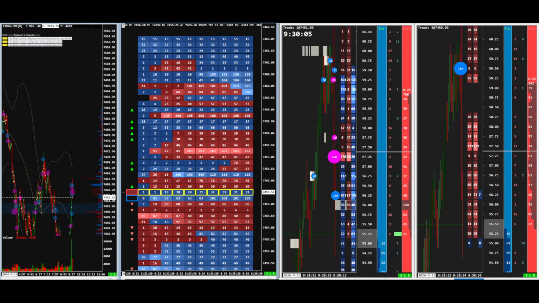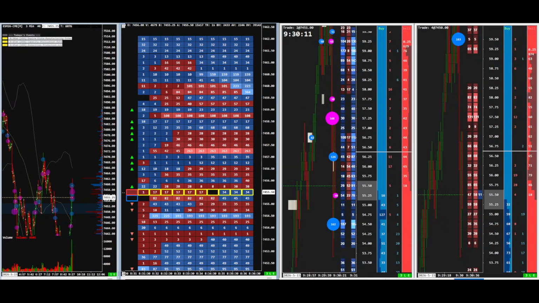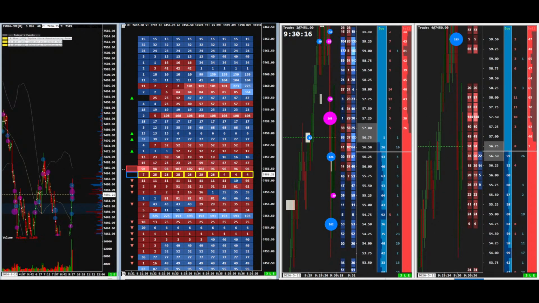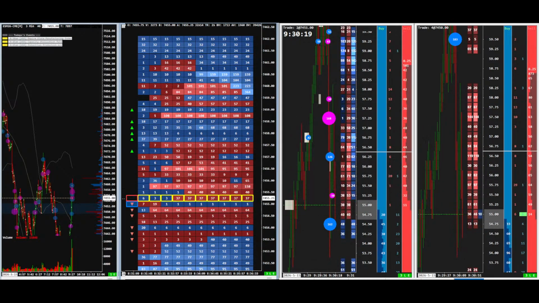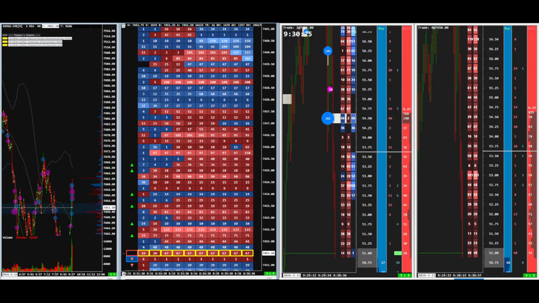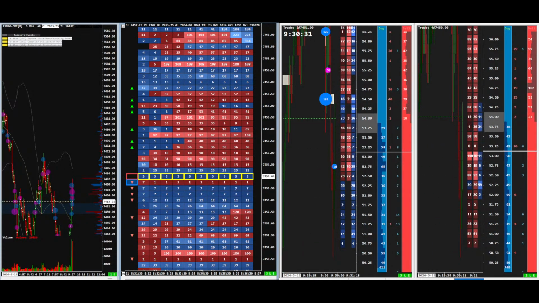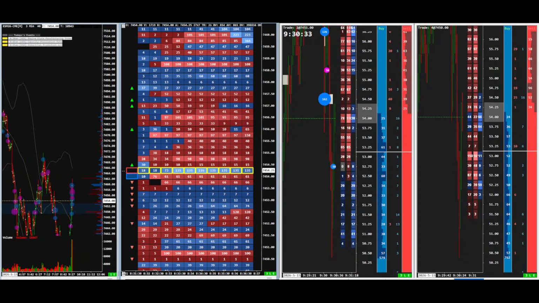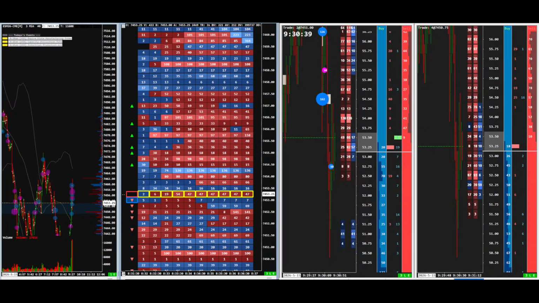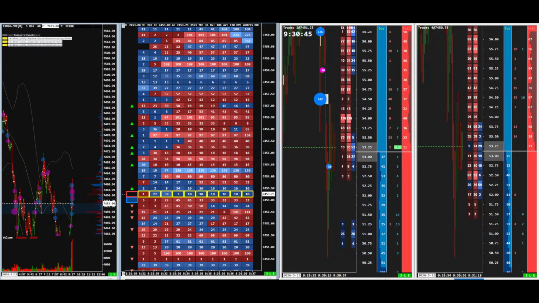Low node cell content per price: whatever the diagnostic shows there, same number, no aggregation, just mirror.